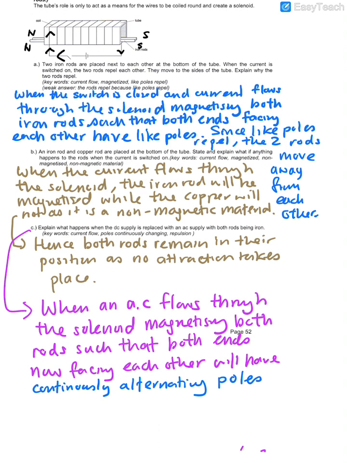So that is the three words we add in. Both are north-north, then after that both become south-south, then north-north, then south-south, and so on and so on.